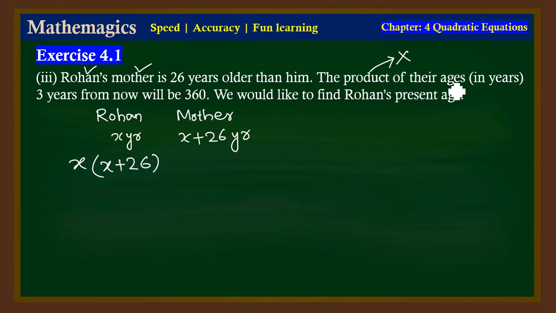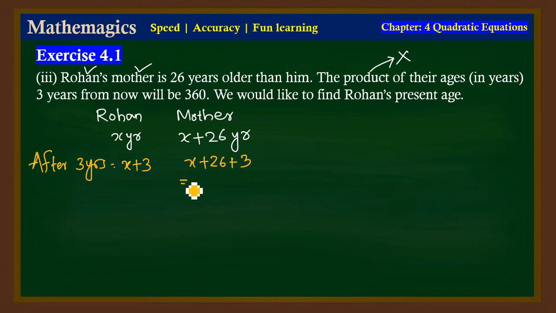The product of their ages 3 years from now. It means after 3 years, the age of Rohan will be x plus 3 and the mother's age will be x plus 26 plus 3.